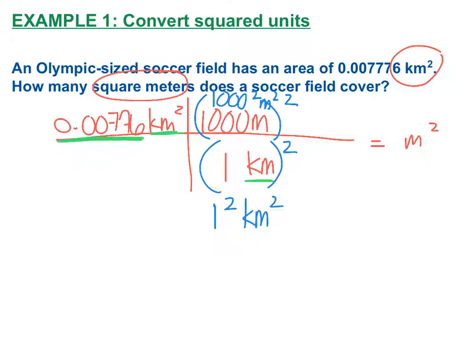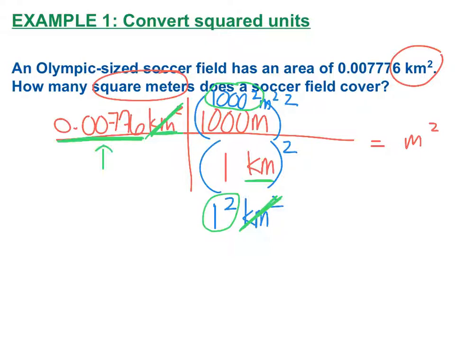When we put this in our calculator, we have to remember to square these numbers right here, and now our units cross out. Remember, this number is already squared. So in my calculator, 0.00776 times 1,000 squared, divided by 1 squared.